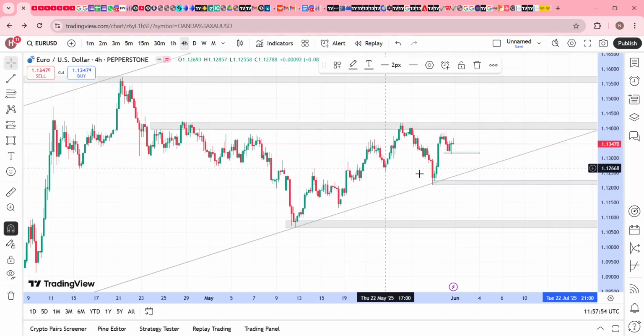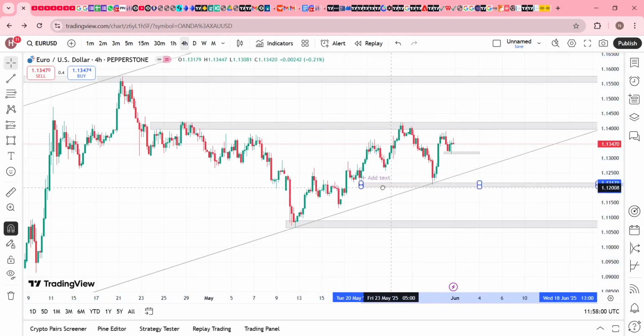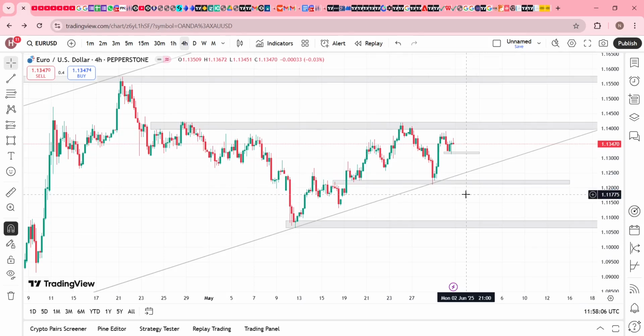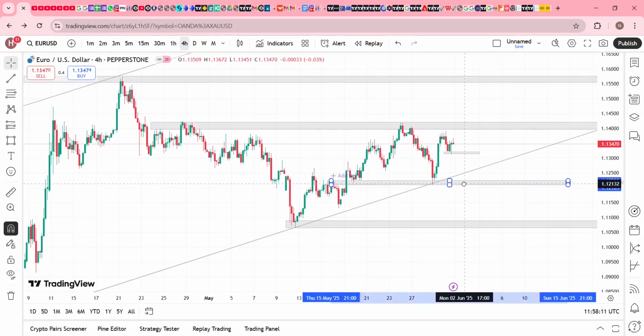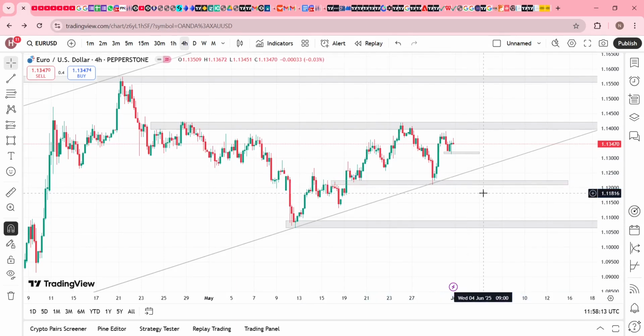We broke this low, we retested this low, and the market started pushing back up. So the question I'm asking myself is, if this market is to correct, where is it going to correct before taking back its lift to continue the uptrend? That is what I'm trying to answer now. And if I can answer this, that means I automatically have a trade.